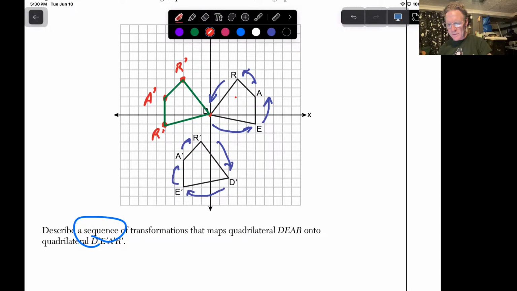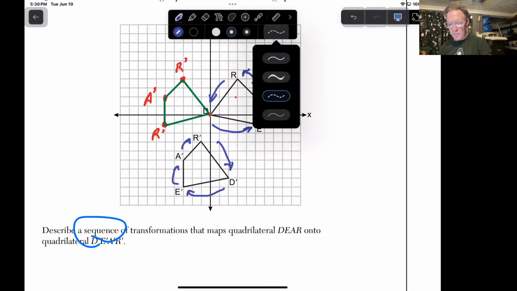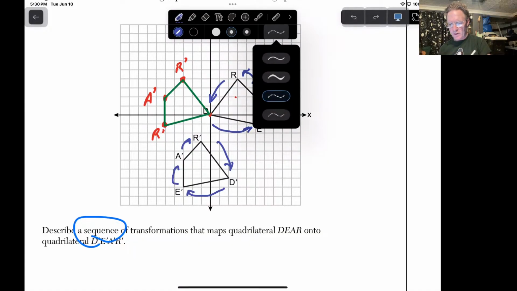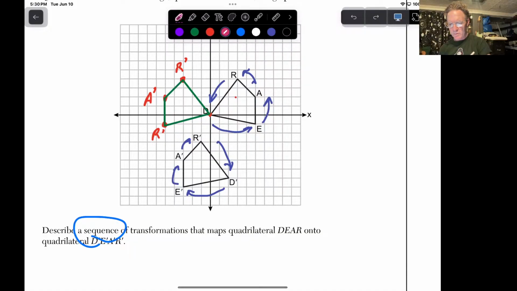All of these points are actually perpendicular to the line of reflection. Let me use purple. You see here, that's perpendicular to the line of reflection and equidistant. That's something good to know. If you had to construct a reflection, you would use perpendicular bisectors to find that.